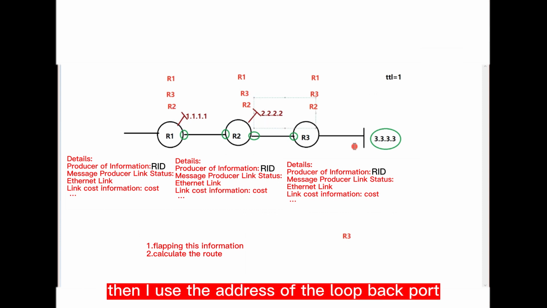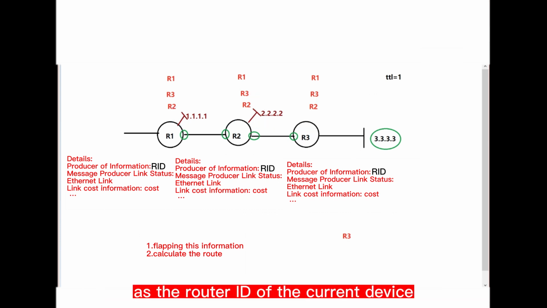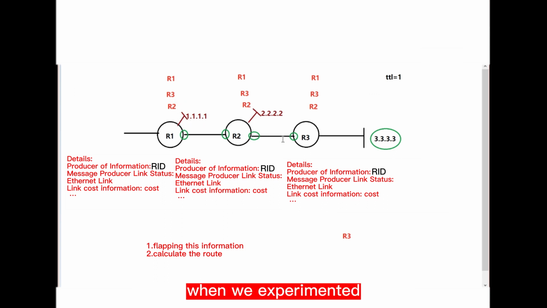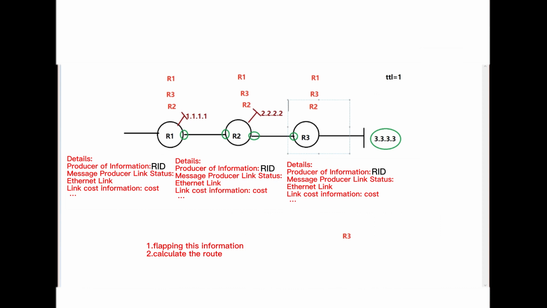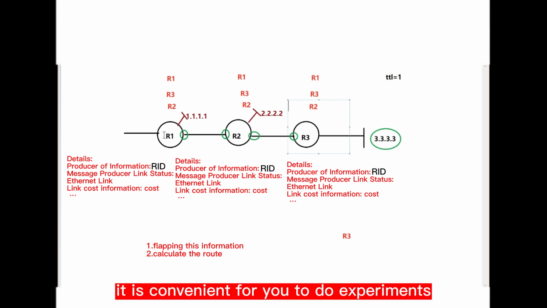Then I use the address of the loopback port as the router ID of the current device. When we experimented, R1 router ID is 1.1.1.1, R2 router ID is 2.2.2.2, and R3 router ID is 3.3.3.3. It is convenient for you to do experiments.